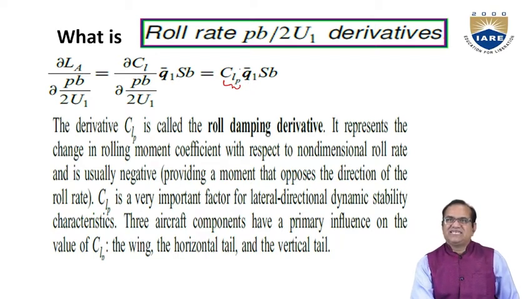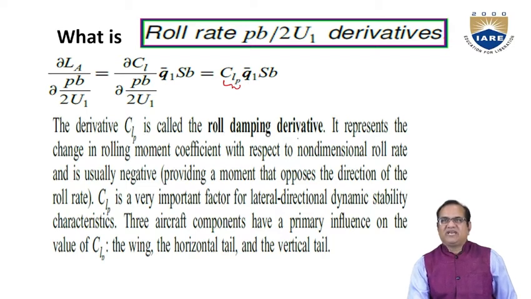So this derivative CLP is called the roll damping derivative. It represents the change in rolling moment coefficient with respect to non-dimensional roll rate and is usually negative, providing a moment that opposes the direction of the roll rate. CLP is a very important factor for lateral directional dynamic stability characteristics.